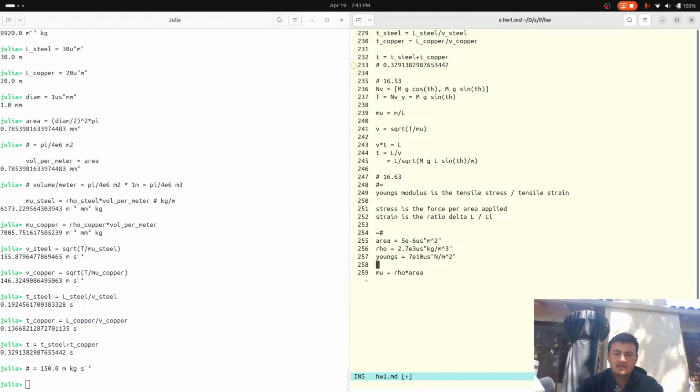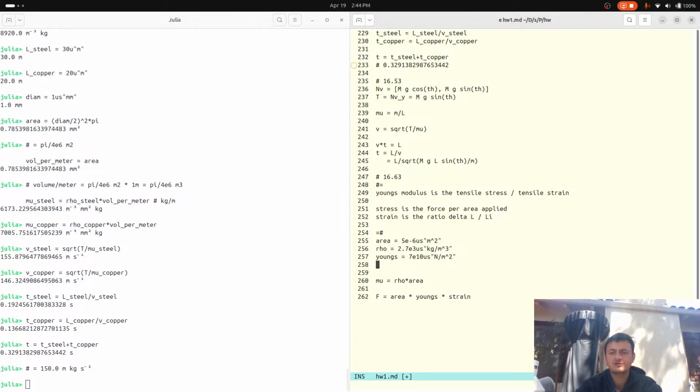Okay, so then we can get that F is equal to A, area, times Young's times strain, which is unknown.